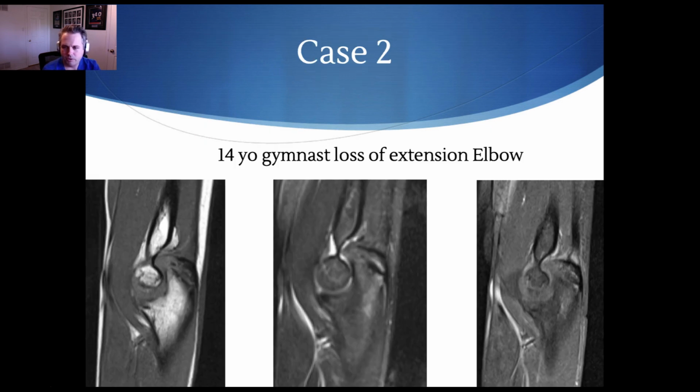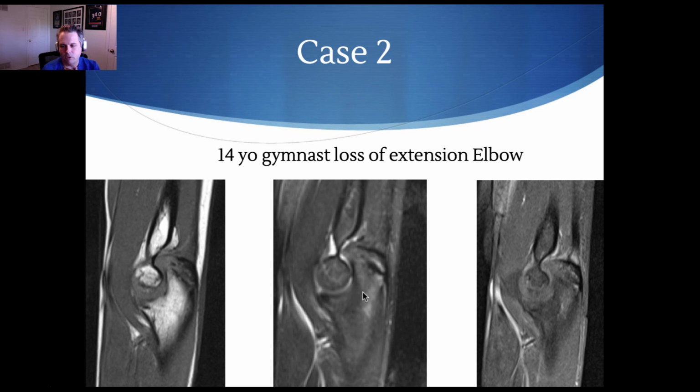Case number 2, we've got a 14-year-old gymnast, and they come into your office. They're doing about 40 hours of gymnastics training a week, and they have a loss of extension in their elbow. You have 3 sagittal sections of the elbow here, and what you're taking a look at is, in the first one, you're seeing essentially the apophysis, and there is a slight area of separation at the end of the olecranon.